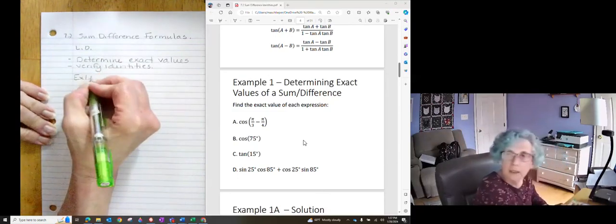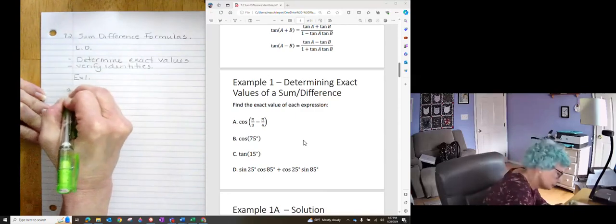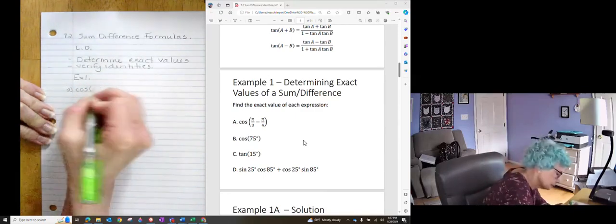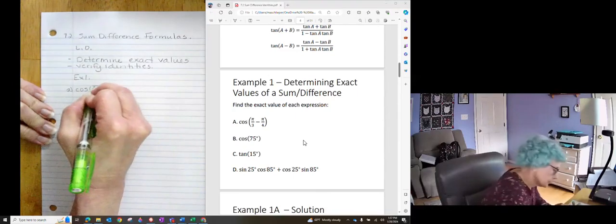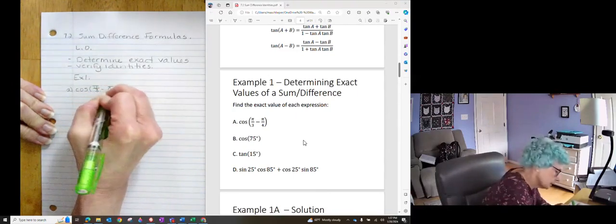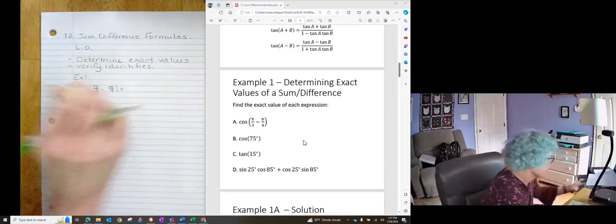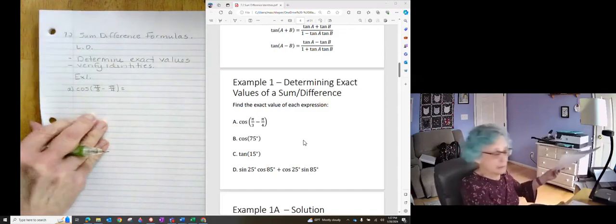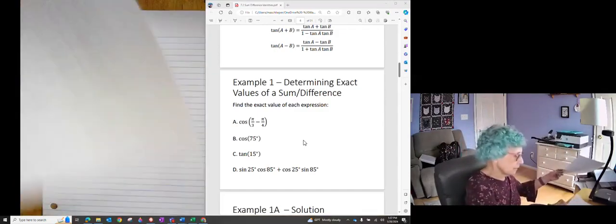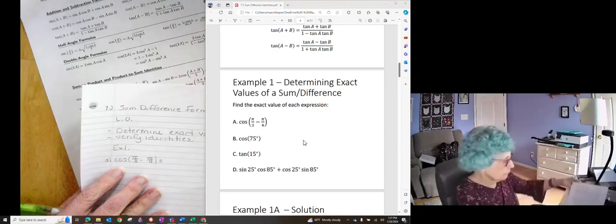Example 1. We have cosine of pi over 3 minus pi over 4. So I'm going to pull out my little sheet here and have it readily available.